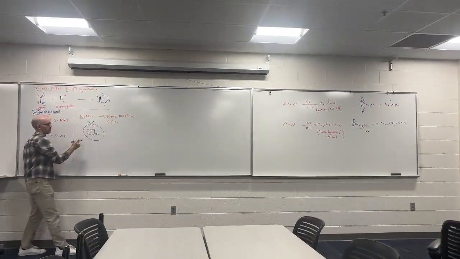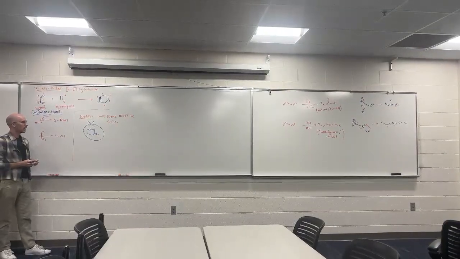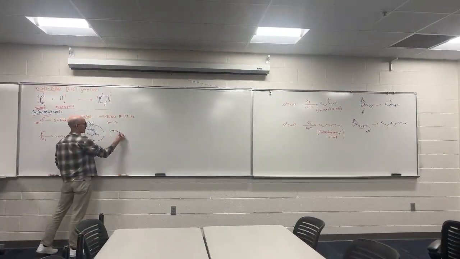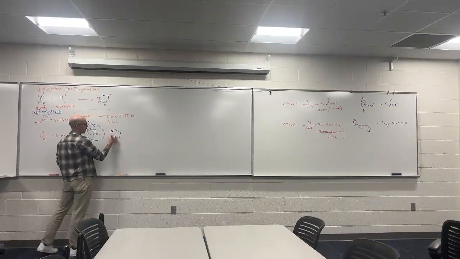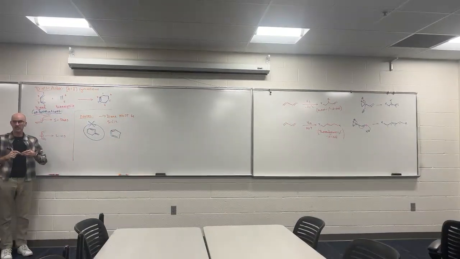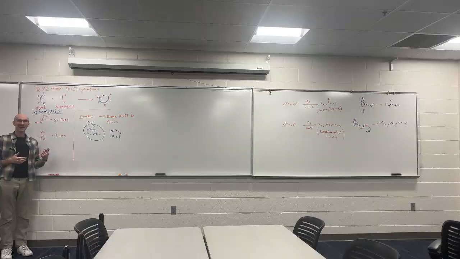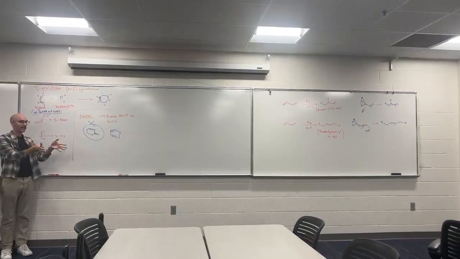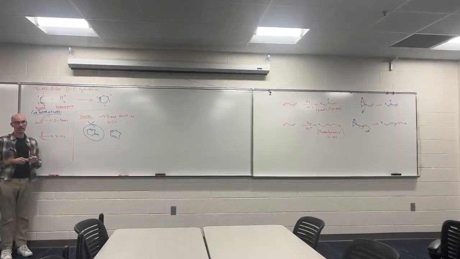This is a locked S-trans diene. Those of you that were in lab today used a very common Diels-Alder starting material, cyclopentadiene. This is what we call a locked S-cis diene.